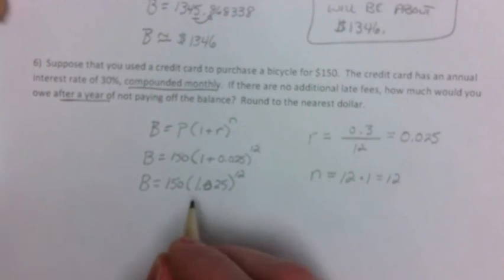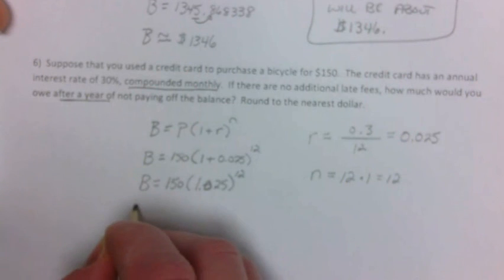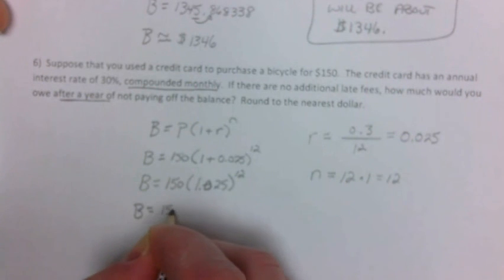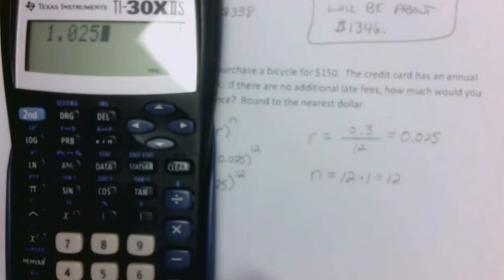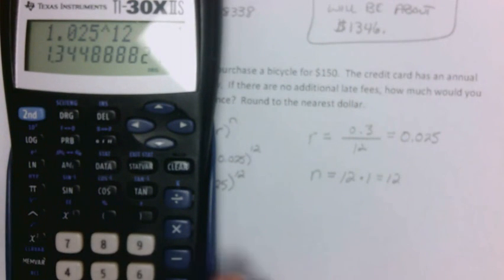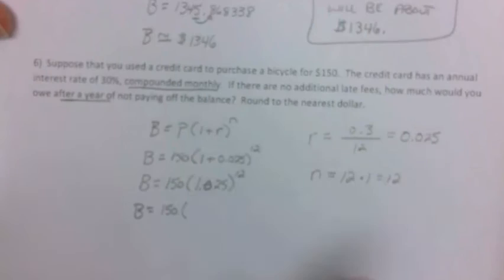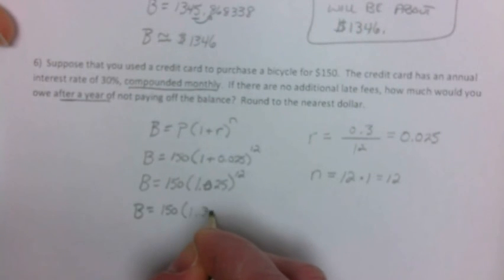Now we need to do 1.025 to the 12th power, so B equals 150 times 1.025 raised to the 12th, and we're going to write out that whole decimal: 1.344888828.